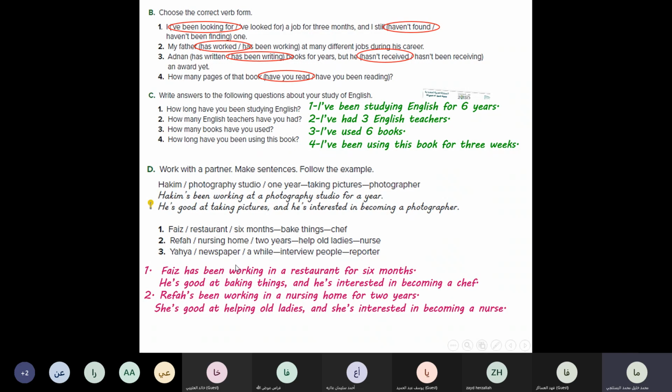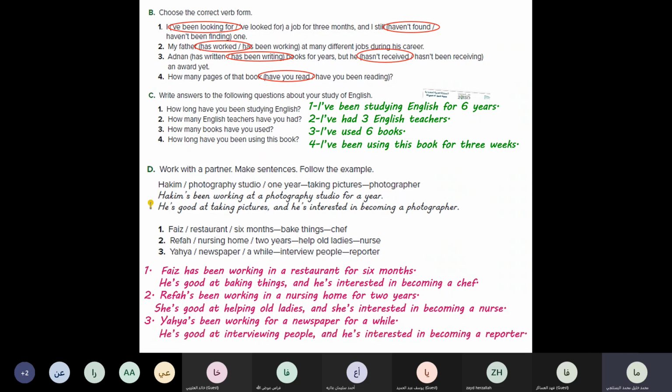Number 3. Khaled. Yahya has been working for a newspaper for a while. He is good at what? Making interviews or interviewing people.